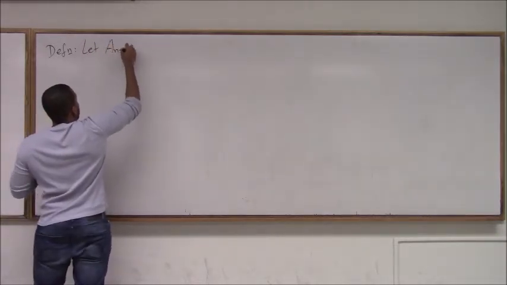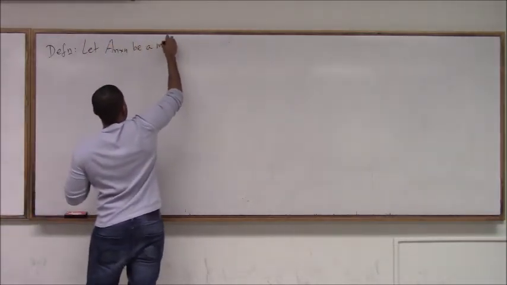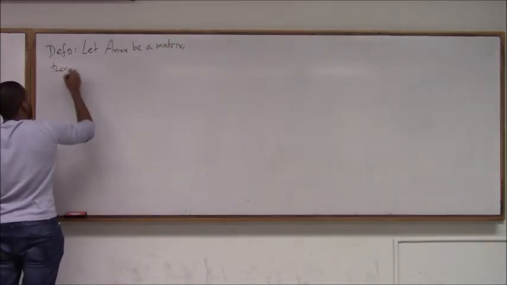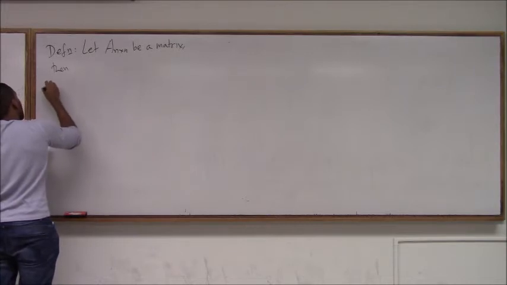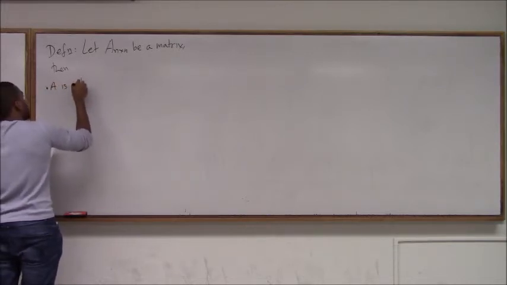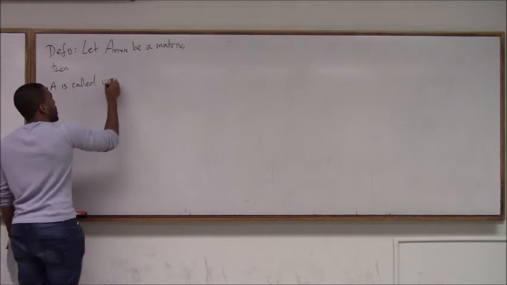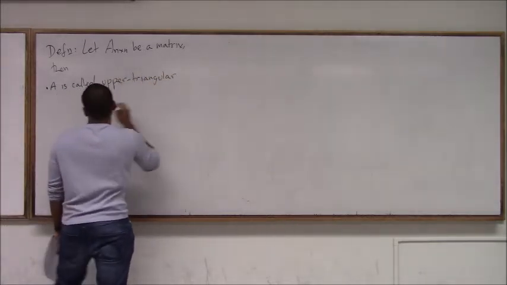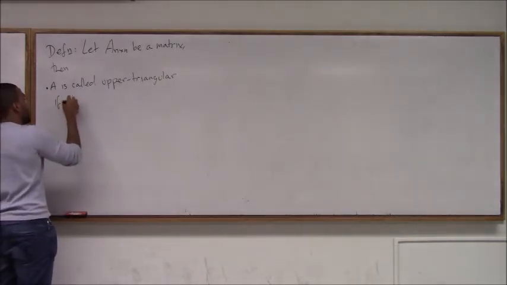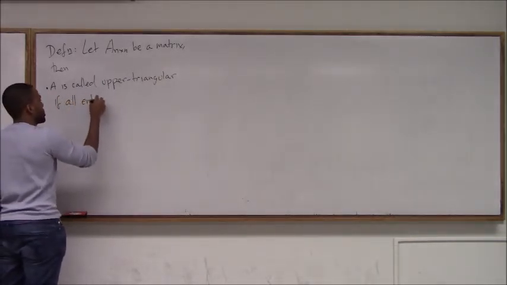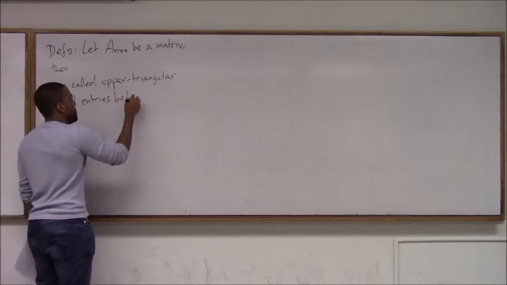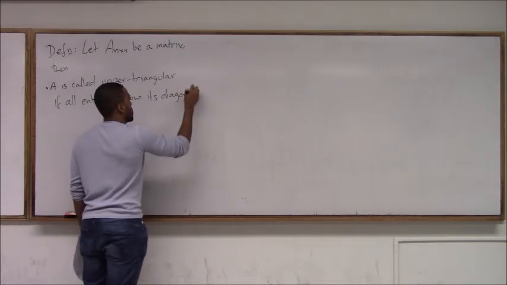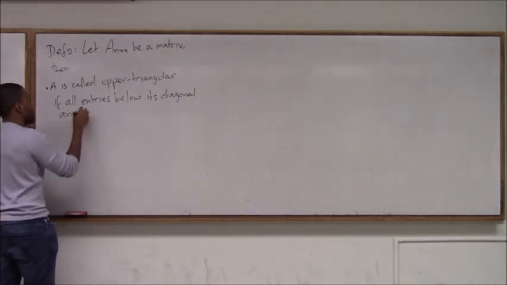Let A be an n by n matrix. Then A is called upper triangular if all entries below its diagonal are 0.